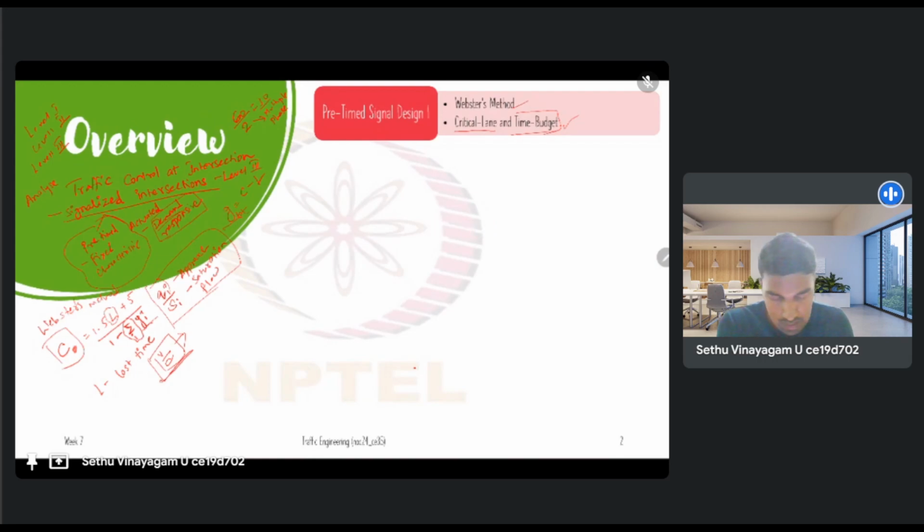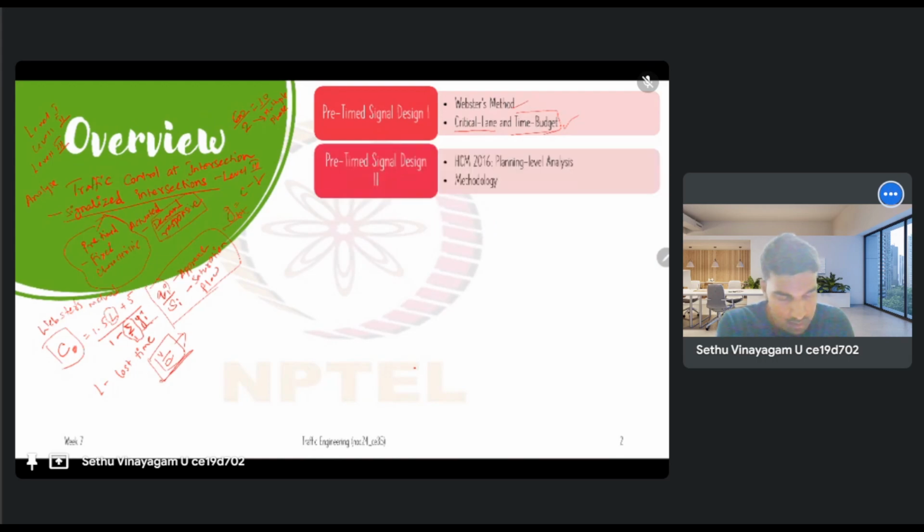Then we looked at planning level analysis. In the last week we looked at three different types of analysis, and got an introduction to them: planning analysis, design, and operational analysis. The difference between them is in terms of the complexity of the analysis and also the data requirement.